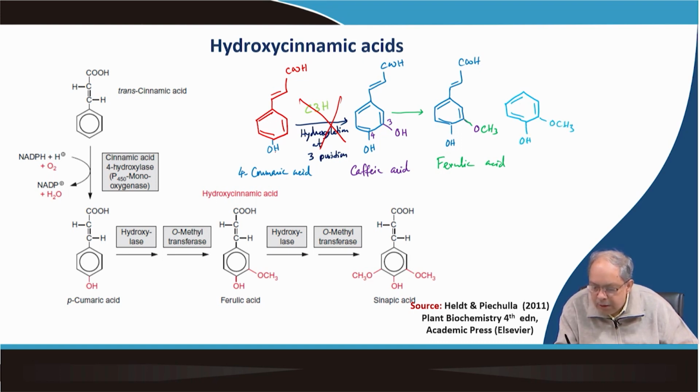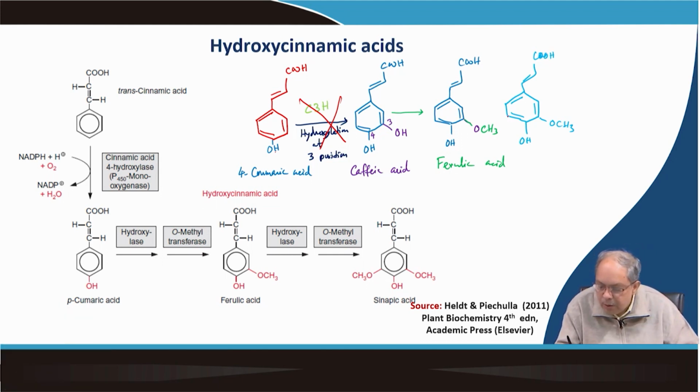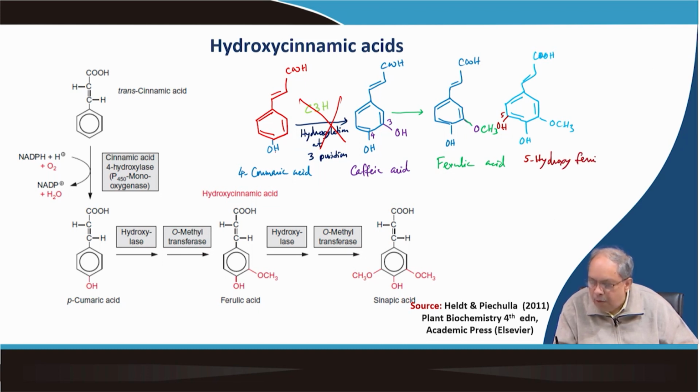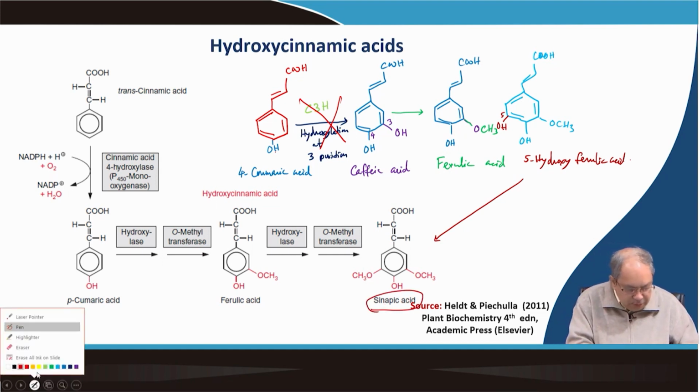When OH is added at the 5 position of ferulic acid, it is called 5-hydroxyferulic acid, and this can be converted into sinapic acid, as you see in the structure here.